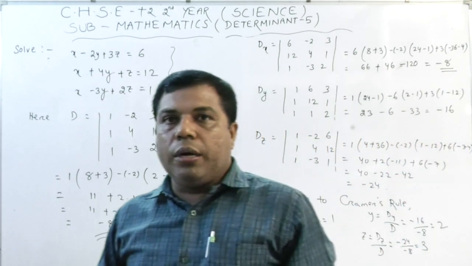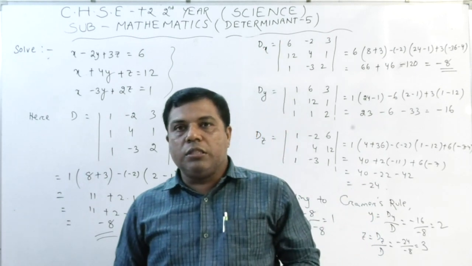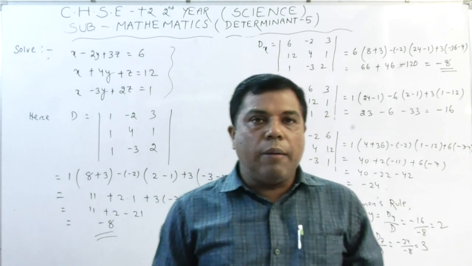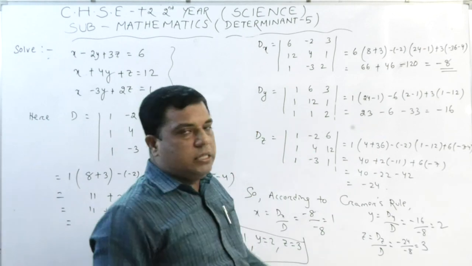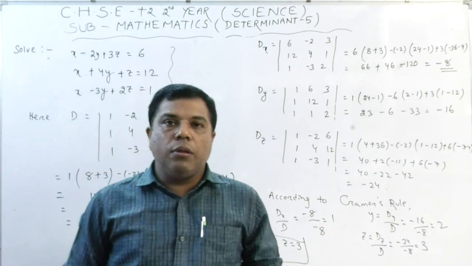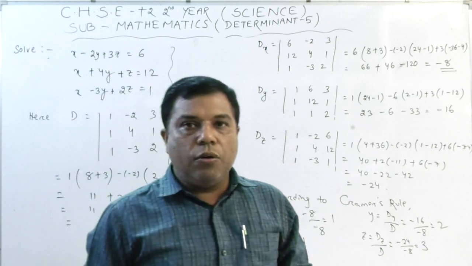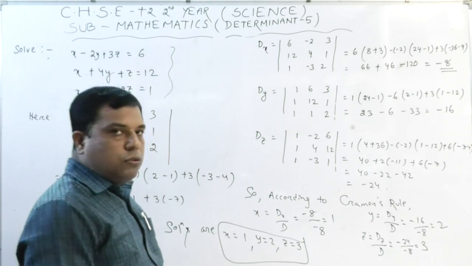This is very important. We can solve the simultaneous equations by Cramer's rule if it is mentioned. Then we can go for this procedure, and we are able to get the value of x, the value of y, the value of z by this technique. Okay, so clear now?